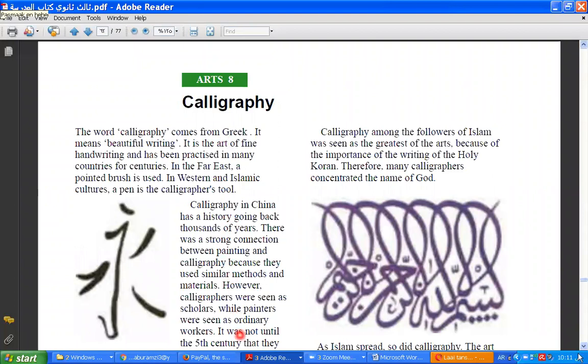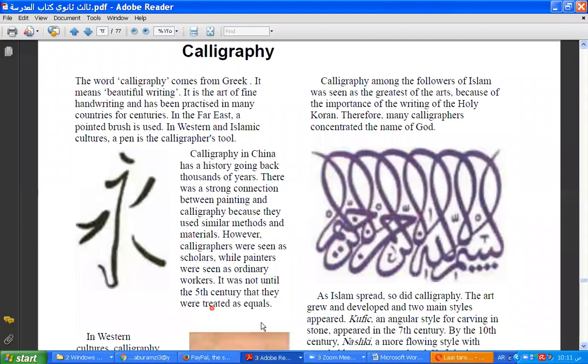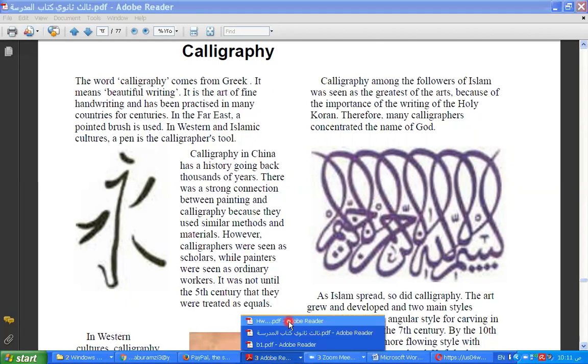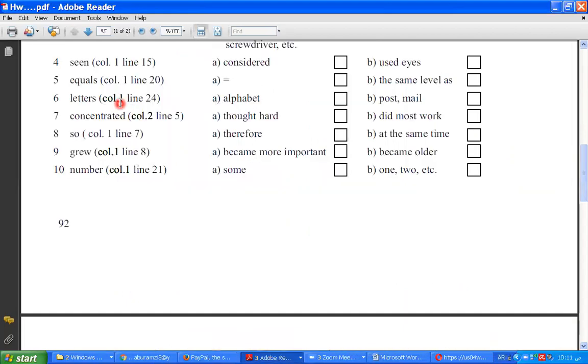I think here they were treated as equals. Does equal here mean equals as in one plus one equals, or equals in an equal manner? Here they mean the same level. Treated equally, meaning at the same level.